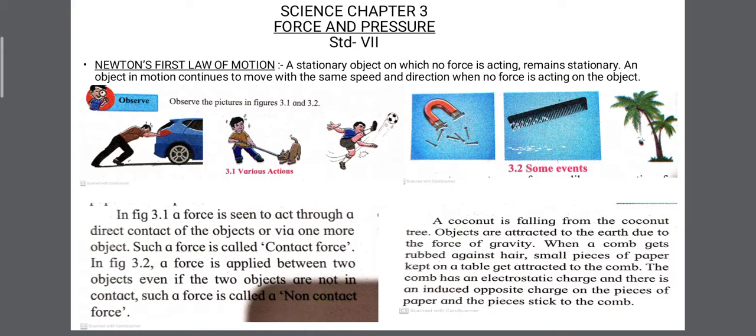And the boy kicked the football with his leg. So his leg and the ball come in contact with each other, and this type of force is known as contact force. But in figure 3.2, a force is applied between the two objects even if the two objects are not in contact with each other, and this is known as non-contact force.